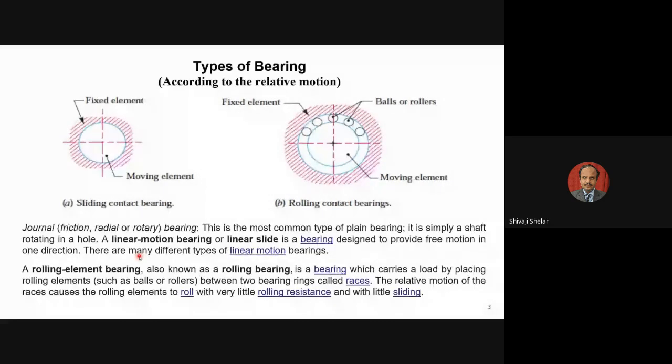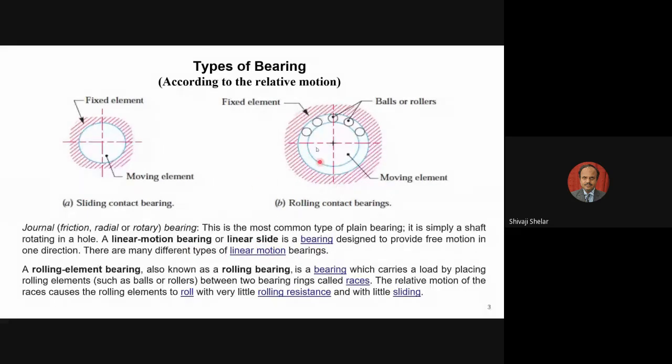If you are supporting a conveyor, the conveyor should not bend, so you can support it from the sideways. There we can apply the linear bearing, and it will take care of the load coming on that conveyor. A conveyor may be used for transmitting material as well as live load. There are many types of linear motion bearing, so depending upon the application, you can use linear bearings also.